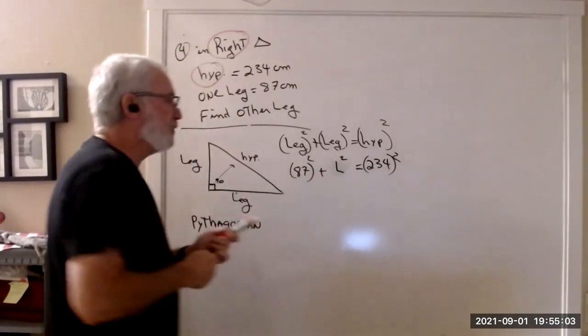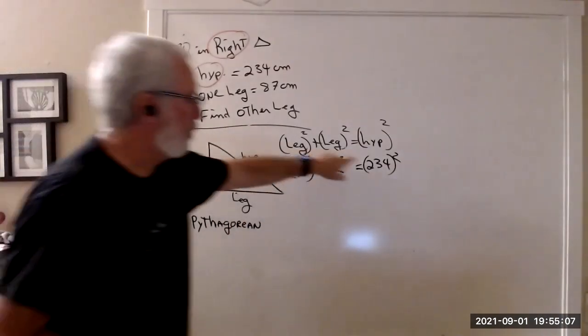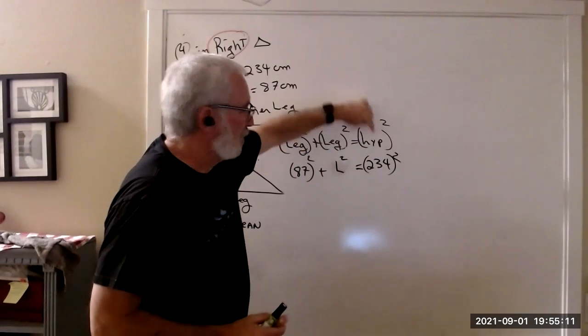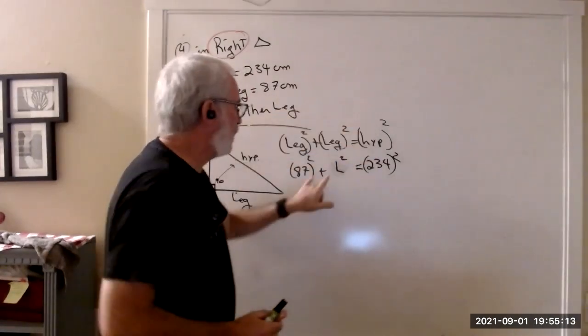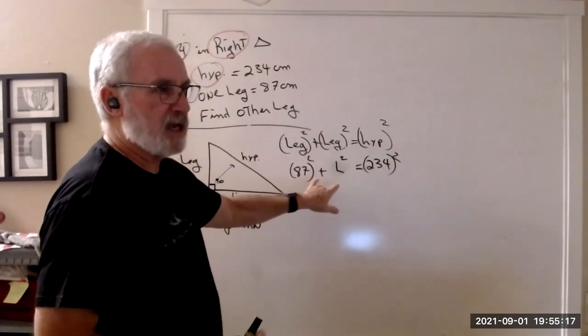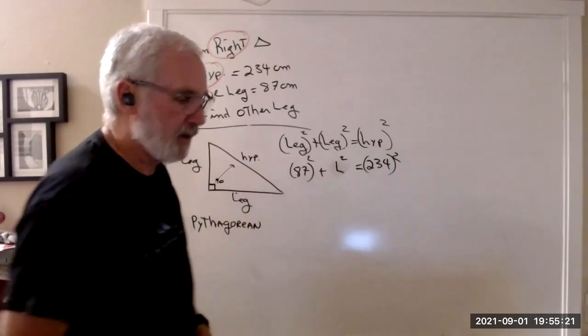So that's taking the formula, plugging in the appropriate numbers. The hypotenuse has to be 234. It doesn't matter where you put the legs. A leg is a leg. It's going to work out.